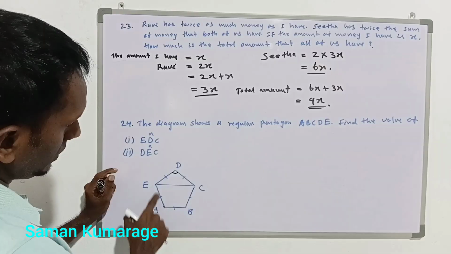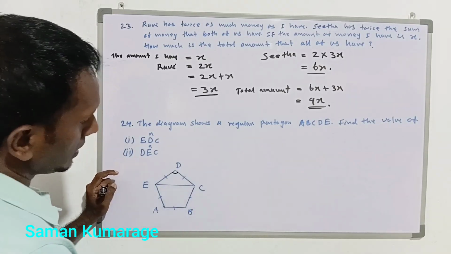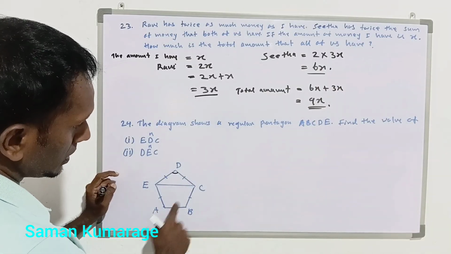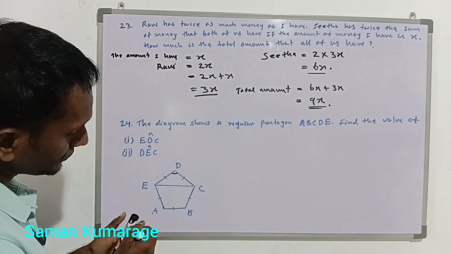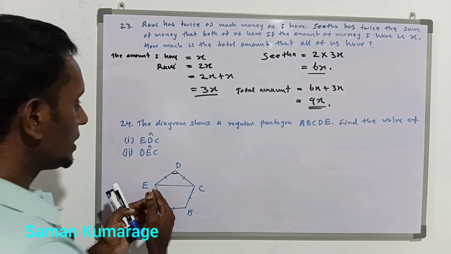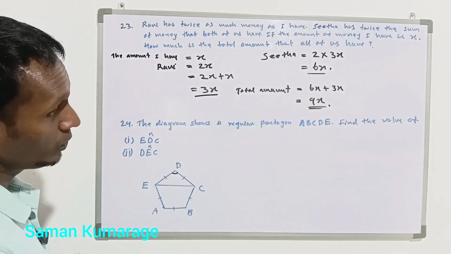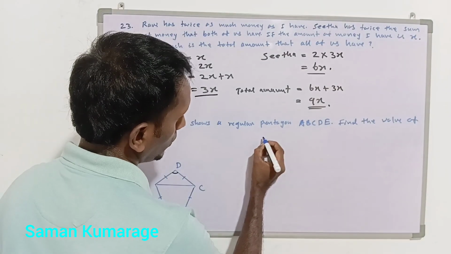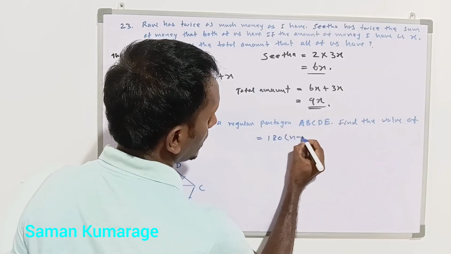In a regular pentagon we know all 5 sides are the same in length. There are 5 sides in a pentagon. And also, to find the sum of interior angles of a regular polygon, we use this formula, 180 times n minus 2.